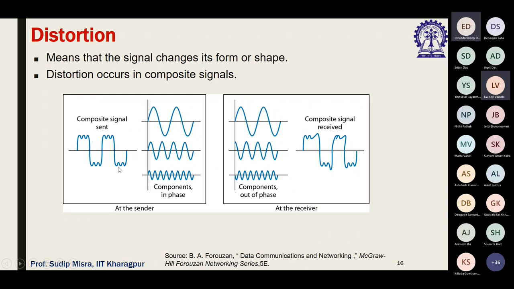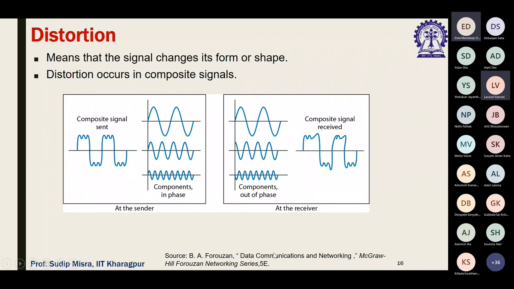So a composite signal is basically comprised of these signal elements. Okay? So these are the different signal components at the sender.